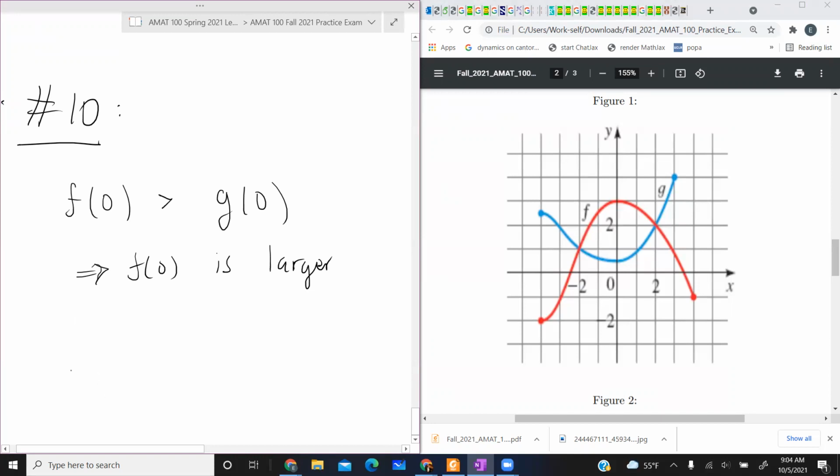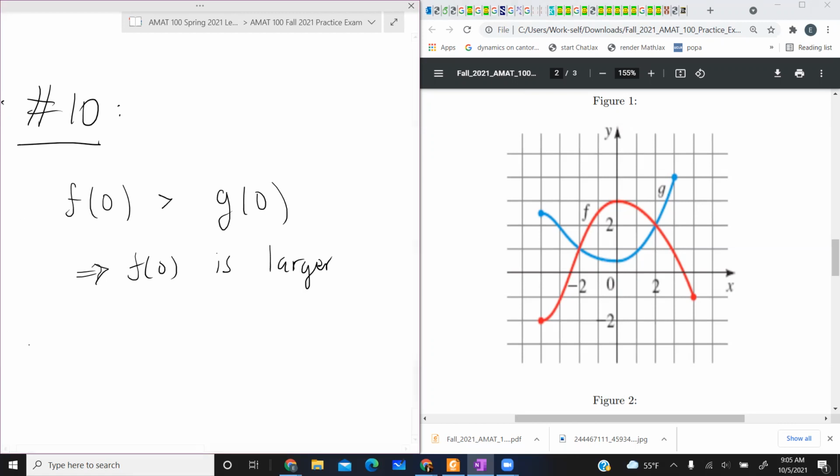Now the next part is, for what values of x do we have that f of x equals g of x? Remember, there was that one section on interpreting inequalities and equations. One way of interpreting an equation is that you're looking at all the points where, when you graph the two expressions, their graphs intersect.